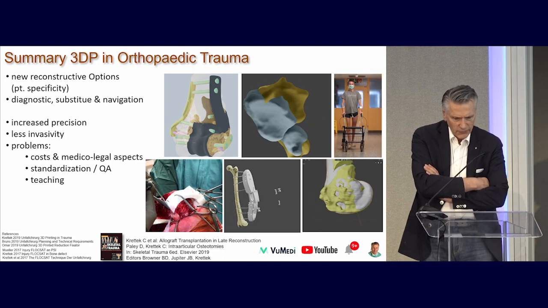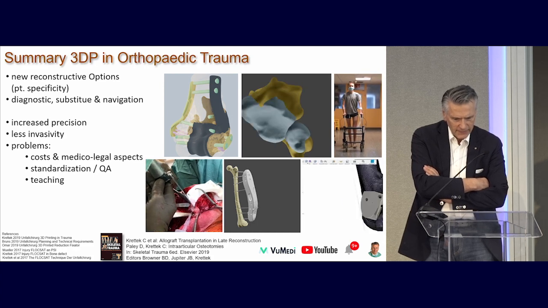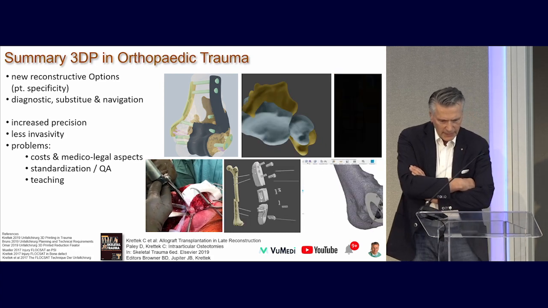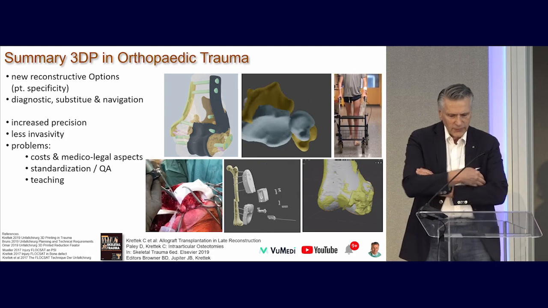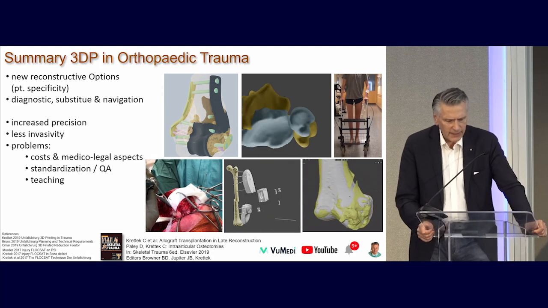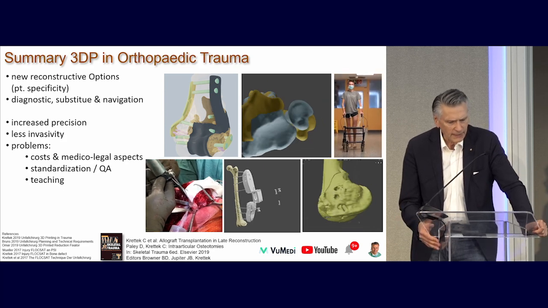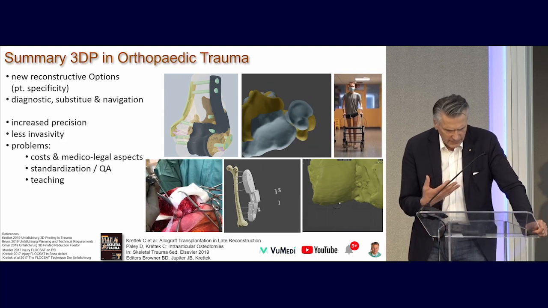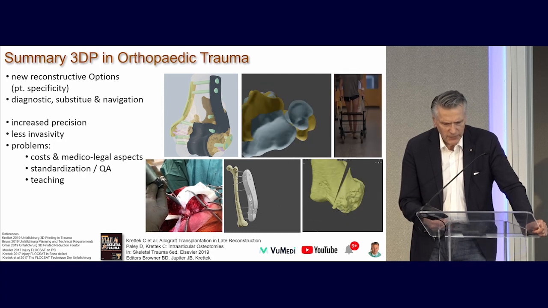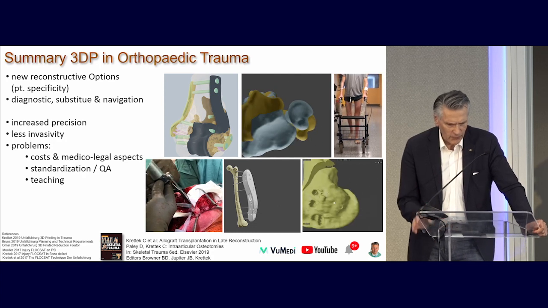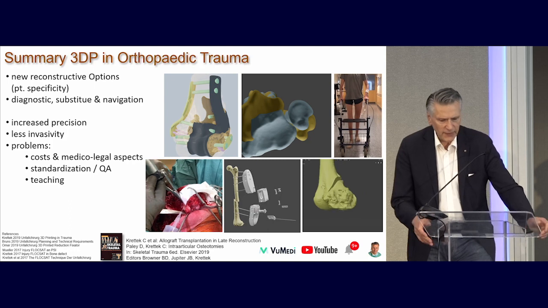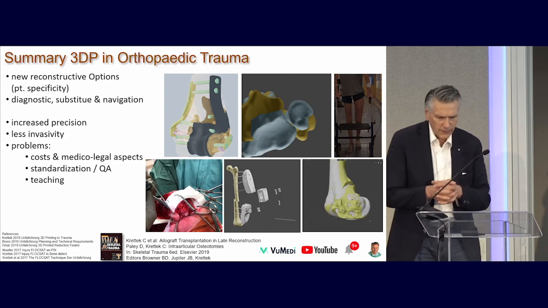So this is also the case in orthopedics and in musculoskeletal therapy. 3D printing can help for better diagnosis, it enables us to substitute missing bone, and it helps us with some sort of navigation with increased precision and less invasiveness.